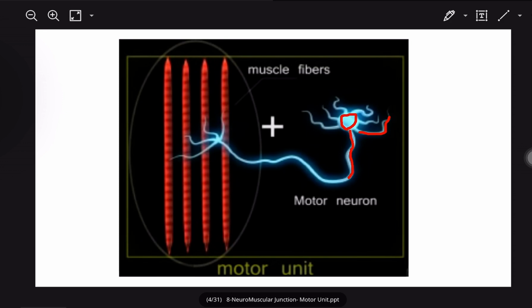So this is the motor neuron and this is the muscle fiber. If you see the muscle fiber cells are like this, each axon terminal will get into one of the cells. It cannot go into multiple. But the neuron can interface with more than one cell, though each terminal has to stay within the same cell.